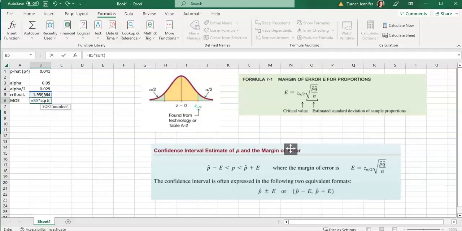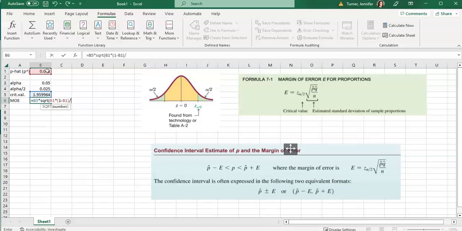Now we want to do p hat. P hat was this number right here, so we can click on it and it'll pull in the p hat times. Now we want q hat. Remember, q hat is just 1 minus p hat. So we'll open a set of parentheses and do 1 minus p hat and close the parentheses. So now we have square root of p hat times q hat.